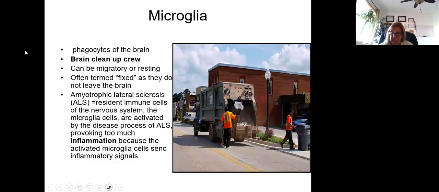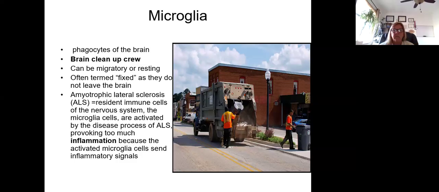Then we have microglia. These are the phagocytes of the brain. They are your cleanup crew, your garbage men. They can be resting or they can be migratory. Now, you're going to see the term fixed in relationship to microglia, and we are not talking about fixed as in formalin fixation.